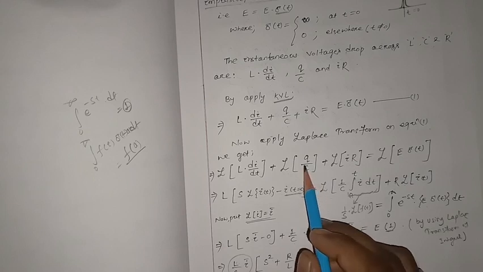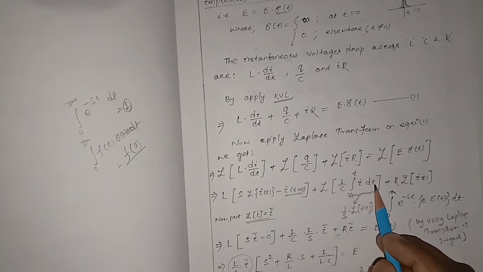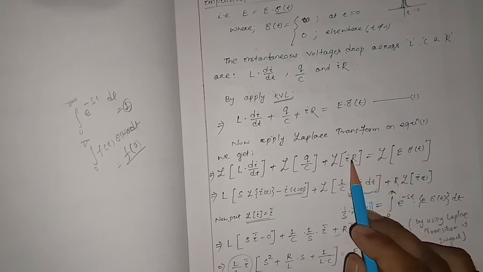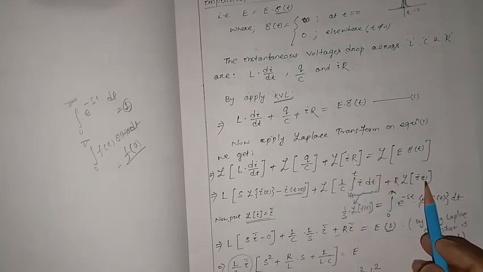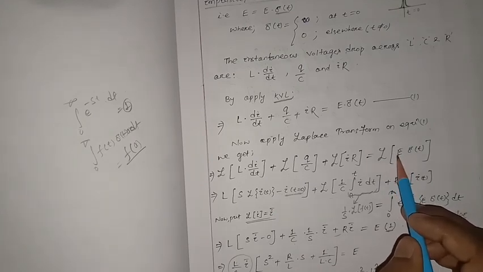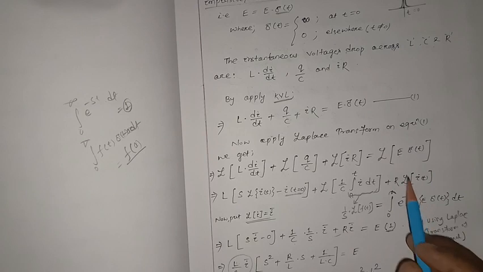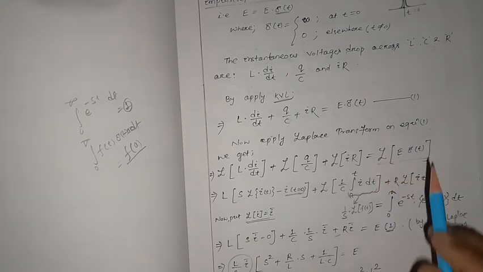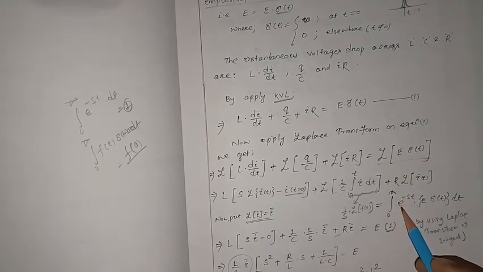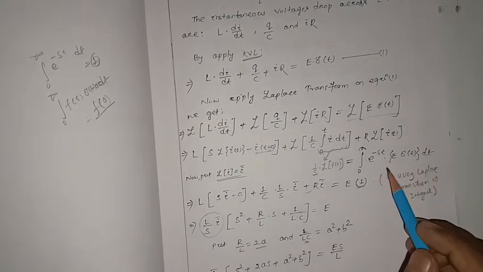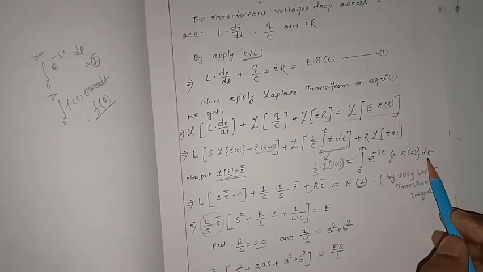Plus here 1 by C is constant, Q is written as integral from 0 to t of I dt, R into Laplace transform of I, which is a function of t, is equal to the Laplace transform of E into delta t. E is the constant, and in general we can write the Laplace transform of E delta t as integral from 0 to infinity of e to the minus st into E delta t into dt.